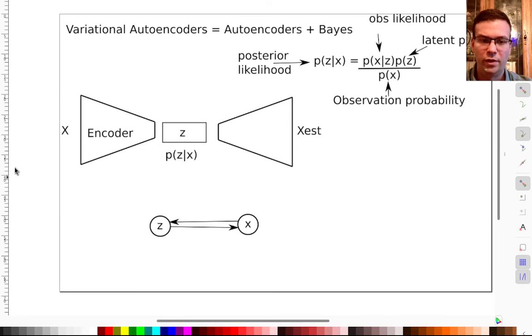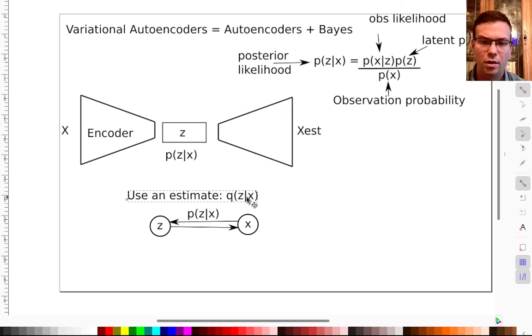And so what I'm really interested in getting at is something called p of z given x. That's what I've called here the posterior likelihood. But what we're going to do is use an estimate called q of z given x. Maybe it's not a perfect representation of p of z given x, but it's an estimate.